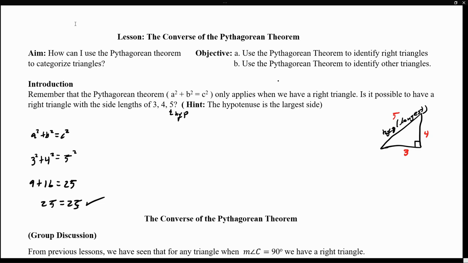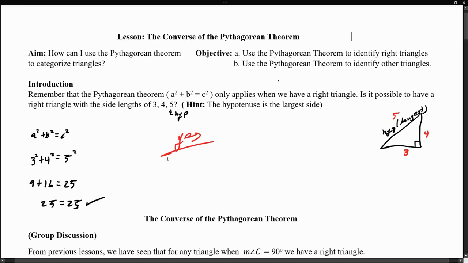So this is actually the main idea that we'll be discussing today: how is it that we can use the Pythagorean theorem to draw conclusions? Because right now my conclusion is that yes, we can actually create a right triangle using these lengths. And notice that the way that we did that is by satisfying the Pythagorean theorem.